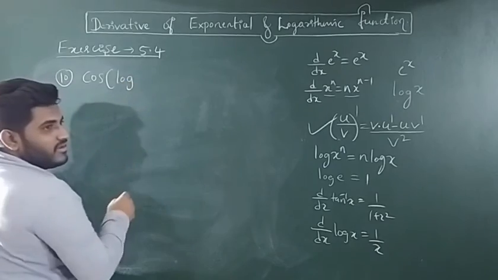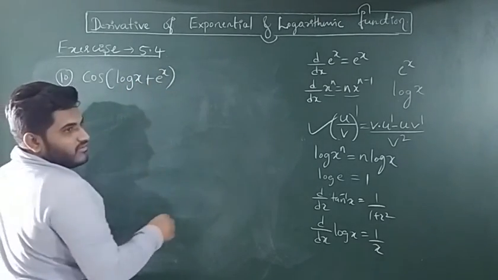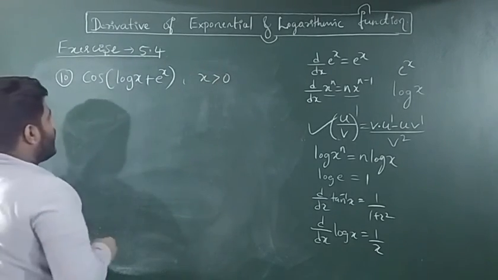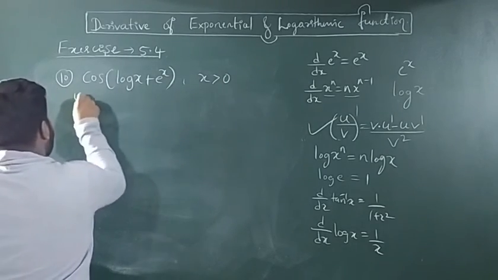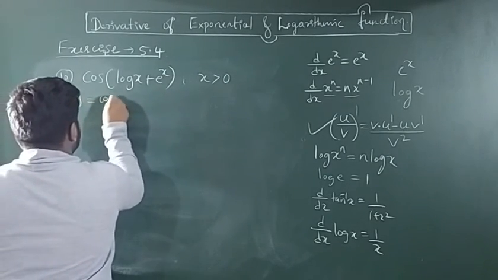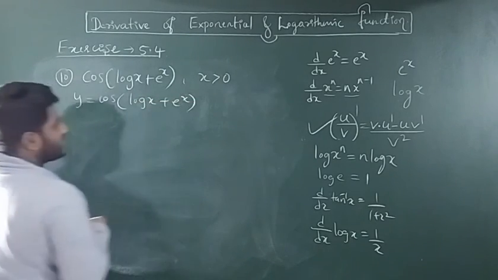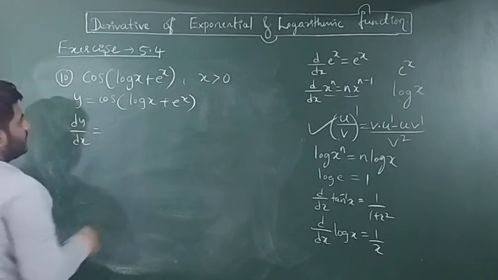Cos of log x plus e raised to x, where x is greater than 0 again. So again, whatever the function is, treat that function as y. So y equal to what we are getting? Cos of log x plus e raised to x. So differentiate this one, dy by dx equal to.